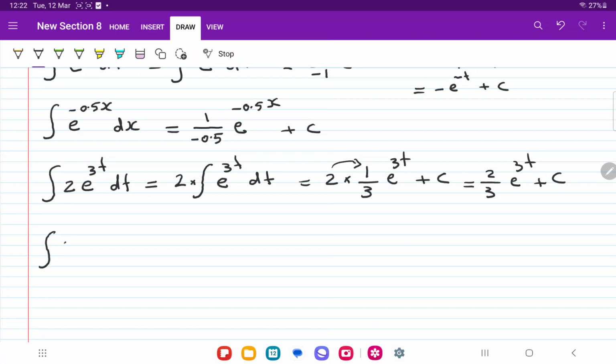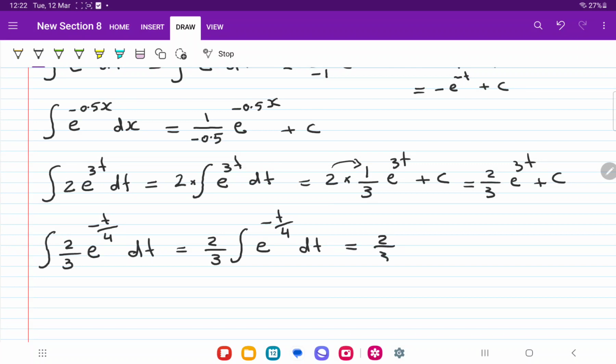Integration of 2 over 3 e to the power minus t over 4 dt. Let's take the number outside the integration, 2 over 3, integration of e to the power minus t over 4 dt. As you can see, the number in front of t is minus 1 over 4, so it's going to be 1 over a, which is minus 1 over 4.